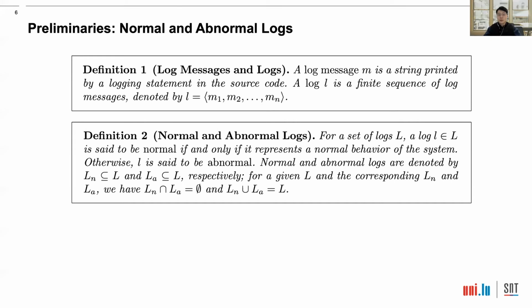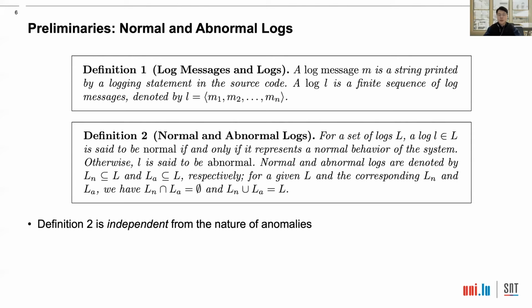For a set of logs for a system, we can consider a set of normal logs that represent the normal behavior of the system. The other logs of the system will, of course, be abnormal logs. The set of normal logs is represented by L subscript N, while abnormal logs are represented by the set L subscript A.